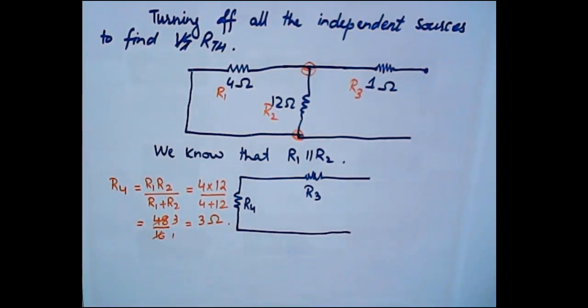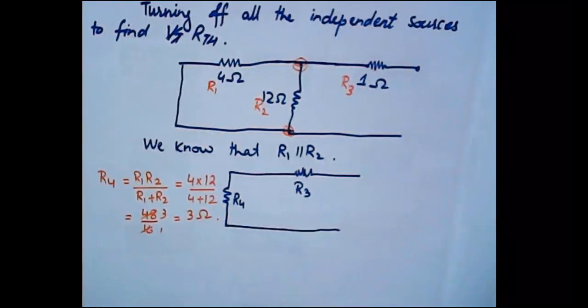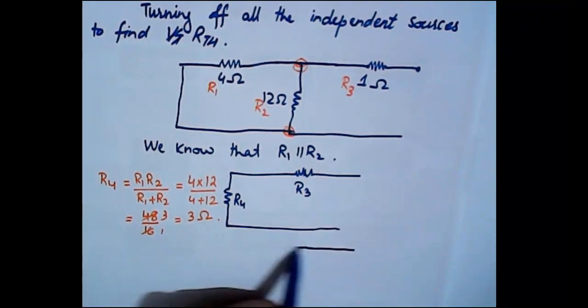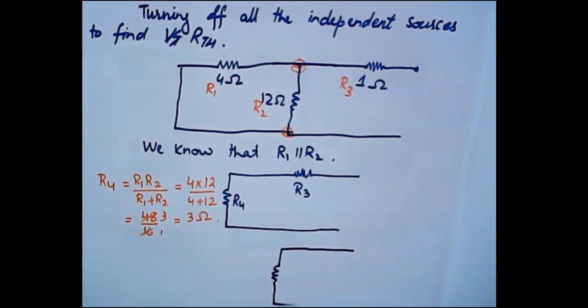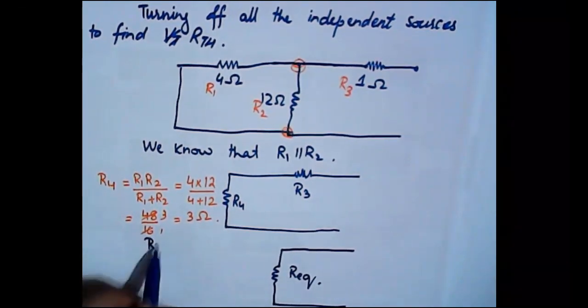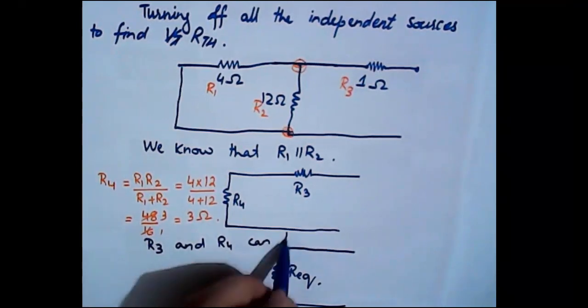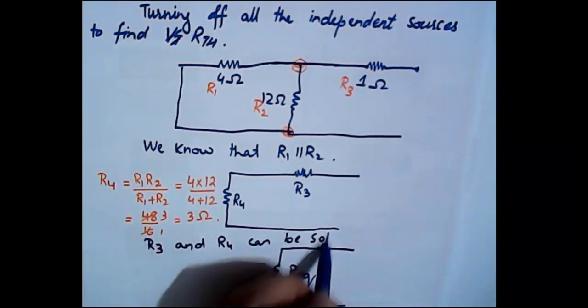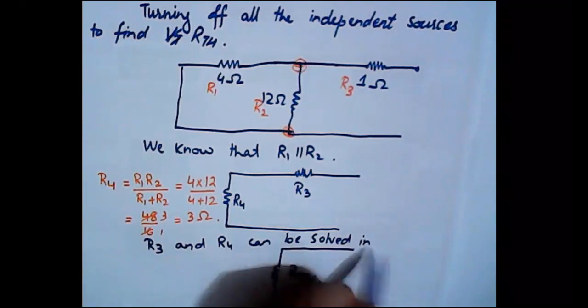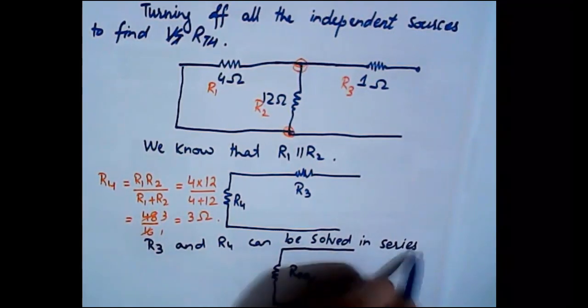Now you can clearly see that R3 and R4 are now in series. So we can say that R equivalent, R3 and R4 can be solved in series.